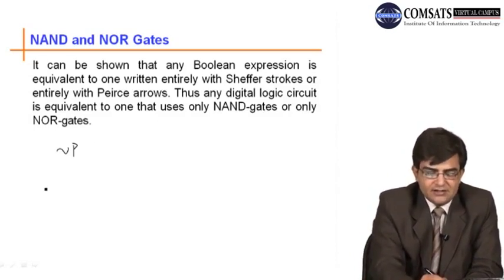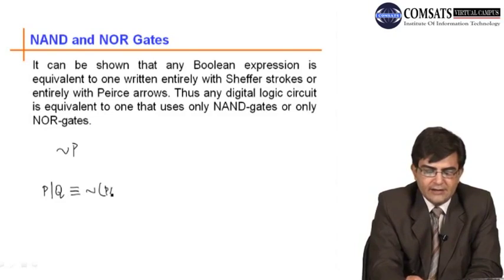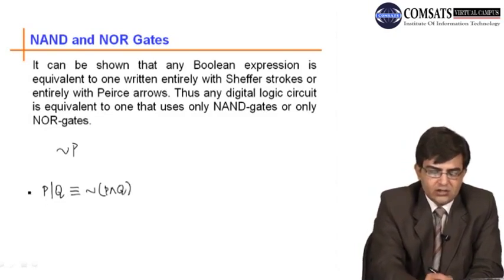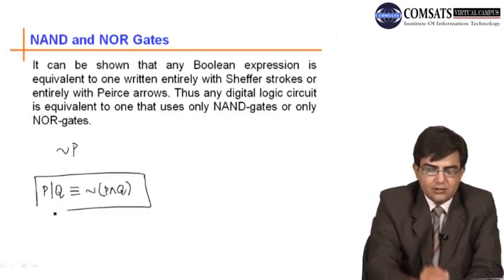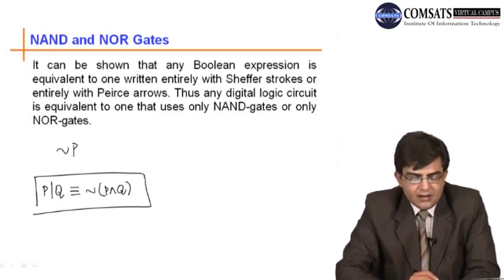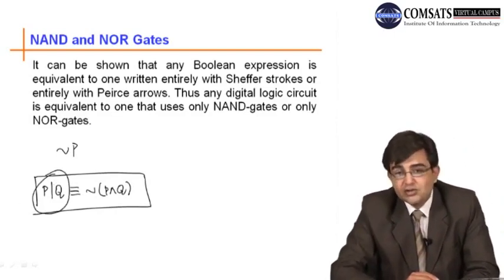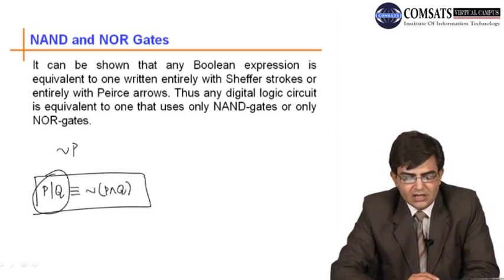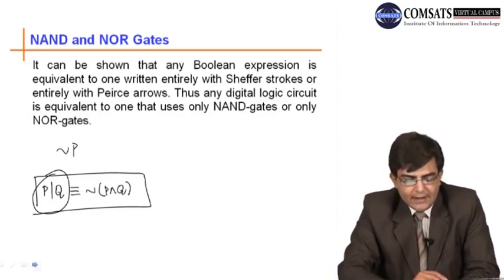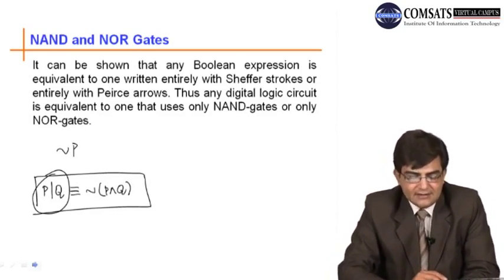The definition of the Sheffer stroke is P Sheffer stroke Q is logically equivalent to not (P and Q). This is the definition of the Sheffer stroke or NAND gate. Now how to express not P by using expressions that use only Sheffer strokes? This is what we have to write in this next example.